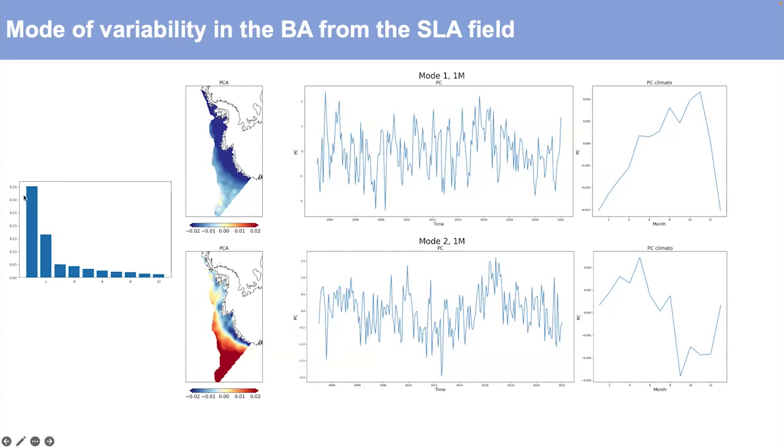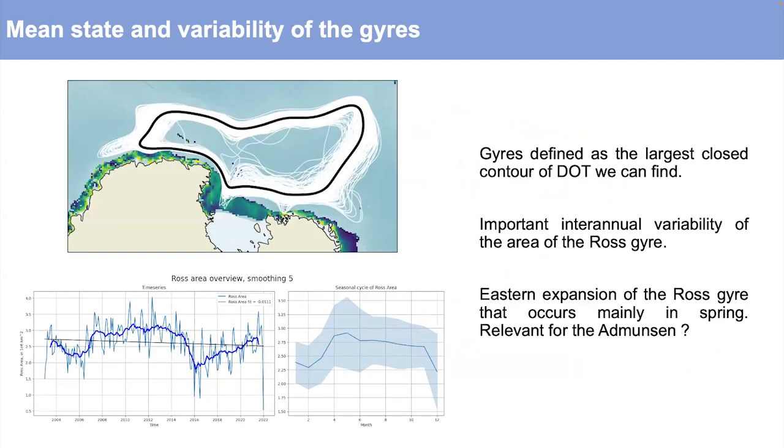So the first two modes explain 35% and 16% of the variance. And the second one seems to put into contrast what happens on the shelf and what happens off the shelf. And finally, what we did also as of now with the product is look at the variability of the gyres.